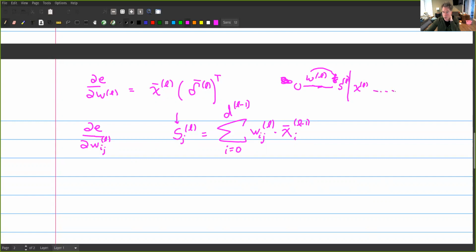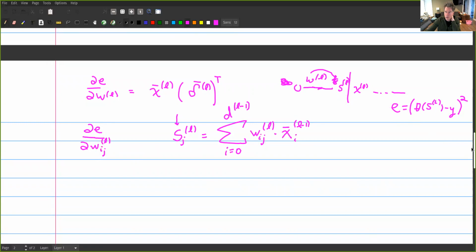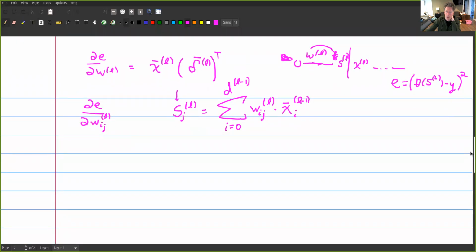So the eventual function we're trying to compute, which is the difference between theta of the eventual output and the label for this example squared, the only way the influence of this little weight becomes known is through this S_j. So all that stammering is just to justify the use of the chain rule.